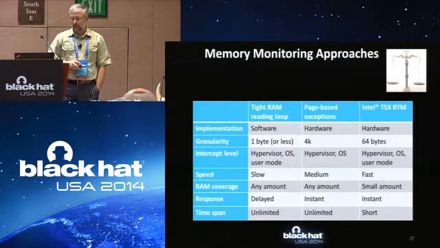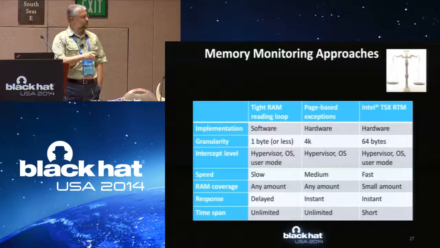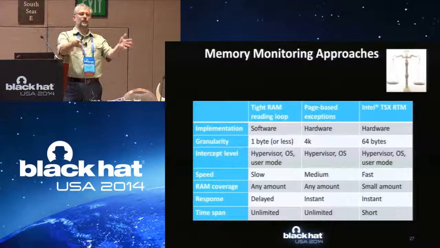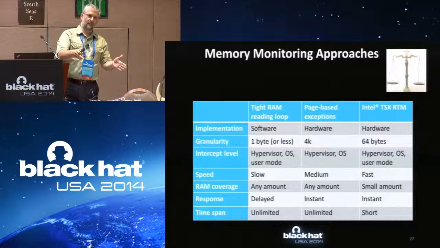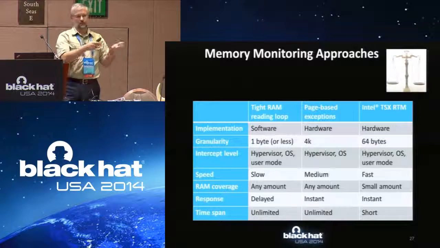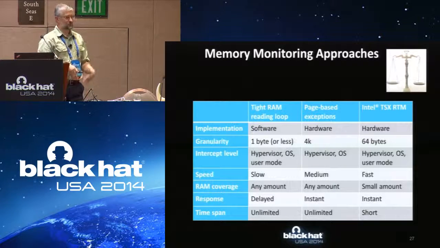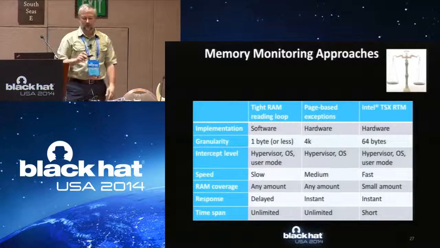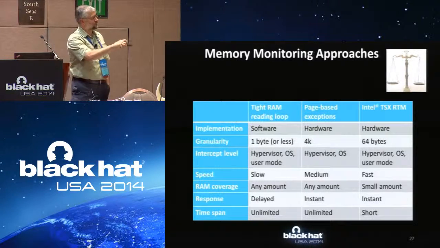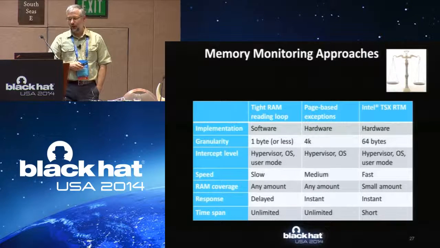In page-based exceptions, you still have to read the page and analyze what was modified inside, so it's sort of medium speed because you have to do some software checks on top of hardware-supported page exceptions. And with transactions, it's sort of in the middle, but it's faster than the pages.